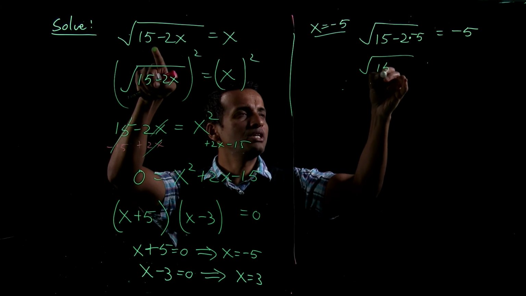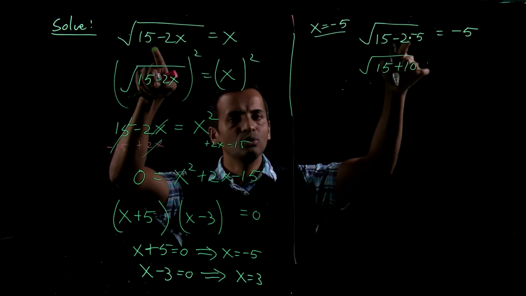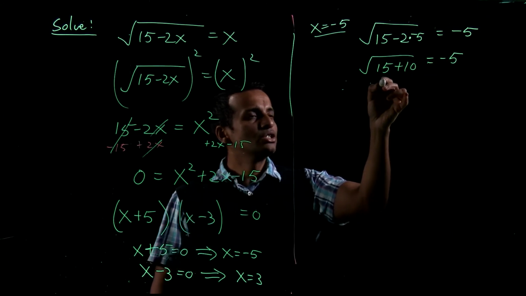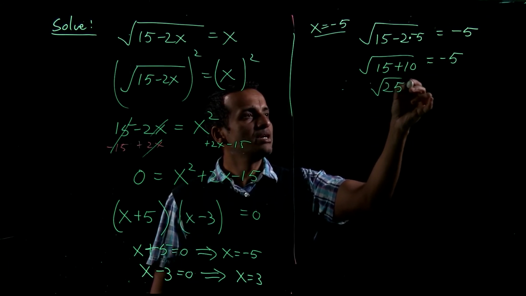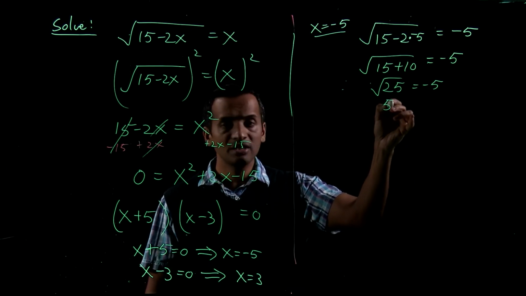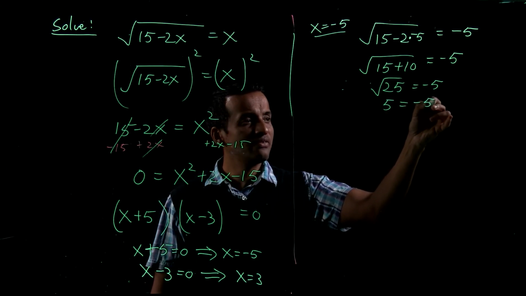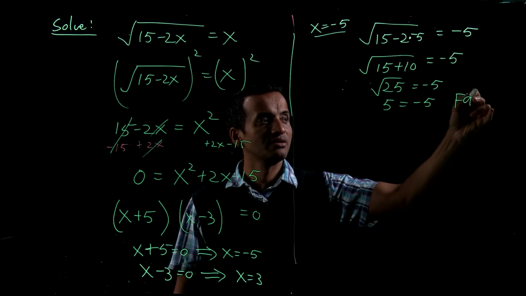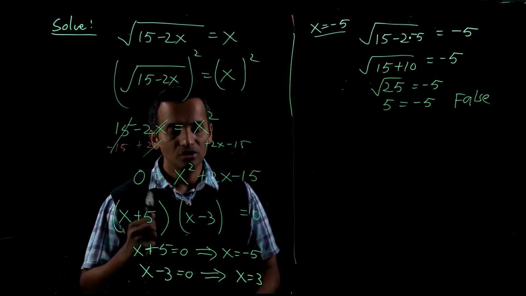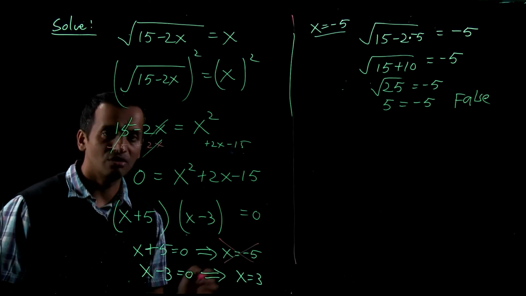It is 15 plus 10, because -2 times -5 is plus 10, equals -5. So the square root of 25 equals -5. Is this true? The square root of 25 is just positive 5, not -5. That is false. So x equals -5 is not the right answer.